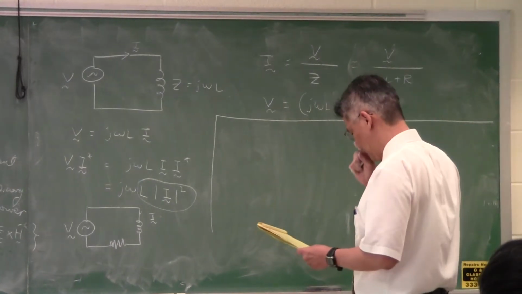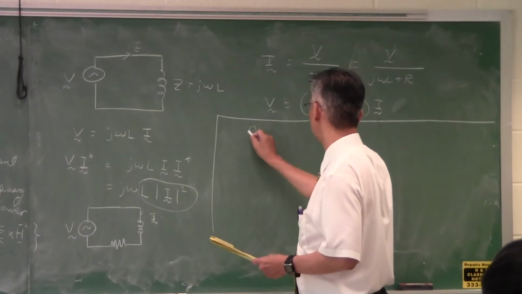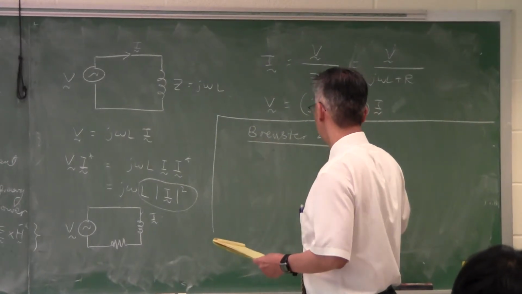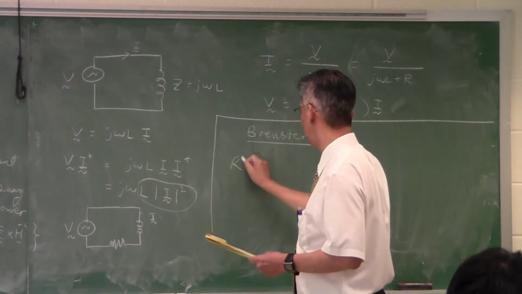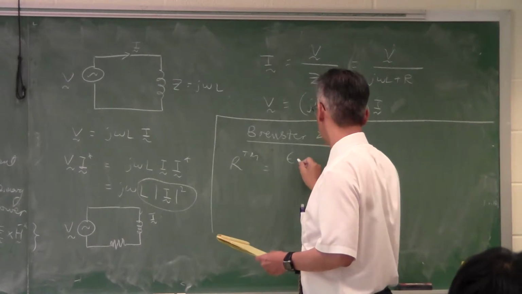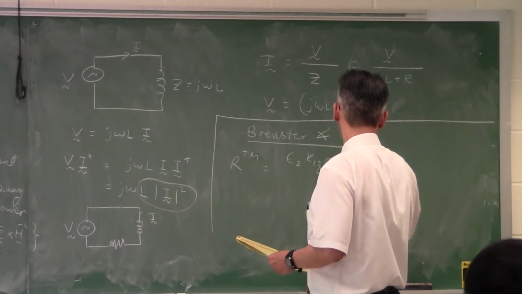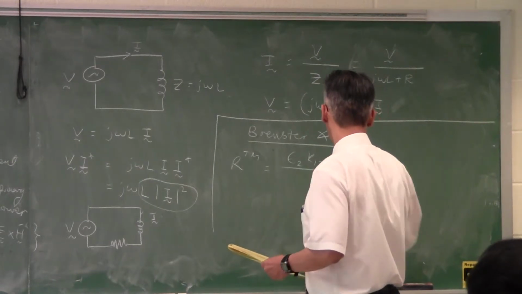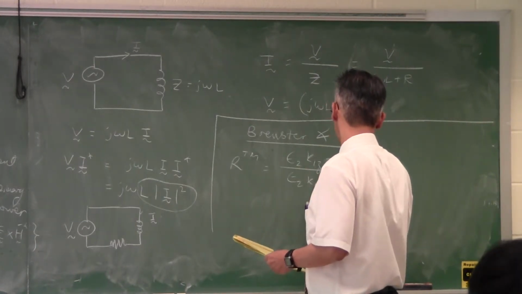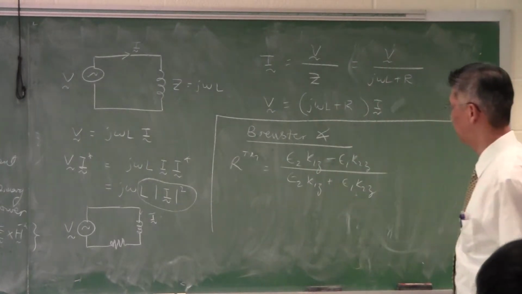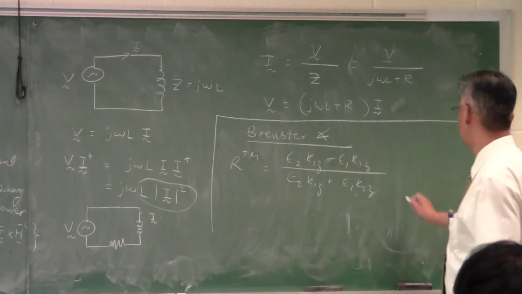Okay. So another thing I'd like to point out is the Brewster angle. This exists for R TM. Okay, R TM occurs as such.